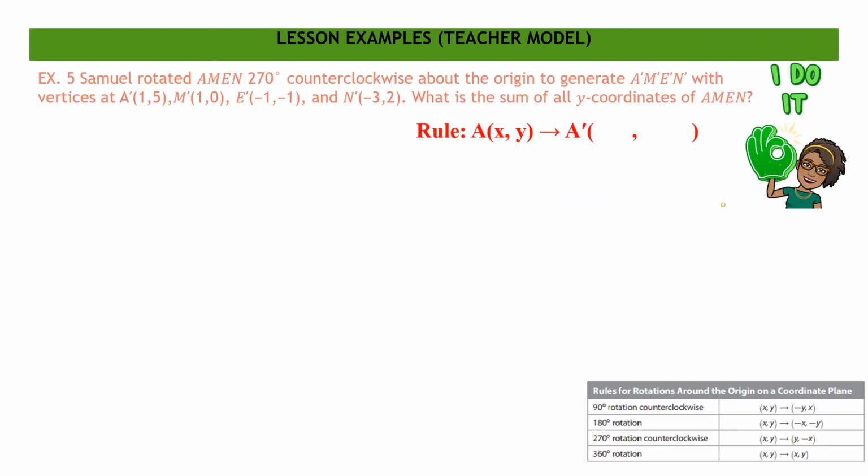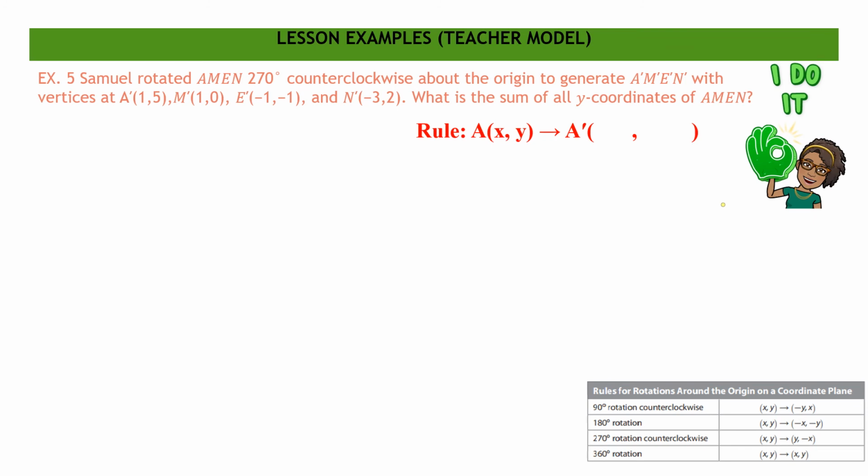All right, let's look at our last example, example 5. Sammy rotated AMEN 270 degrees counterclockwise about the origin to generate A prime, M prime, E prime, N prime with vertices at the given points. What is the sum of all y coordinates of AMEN?